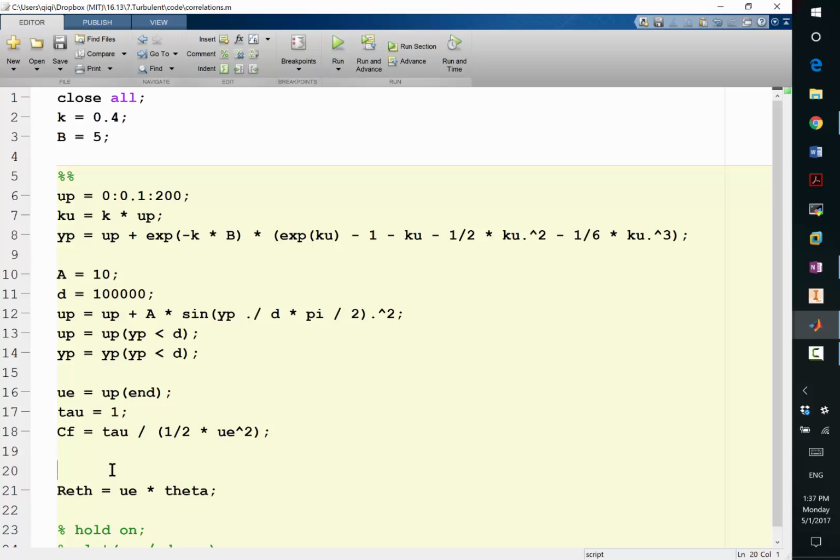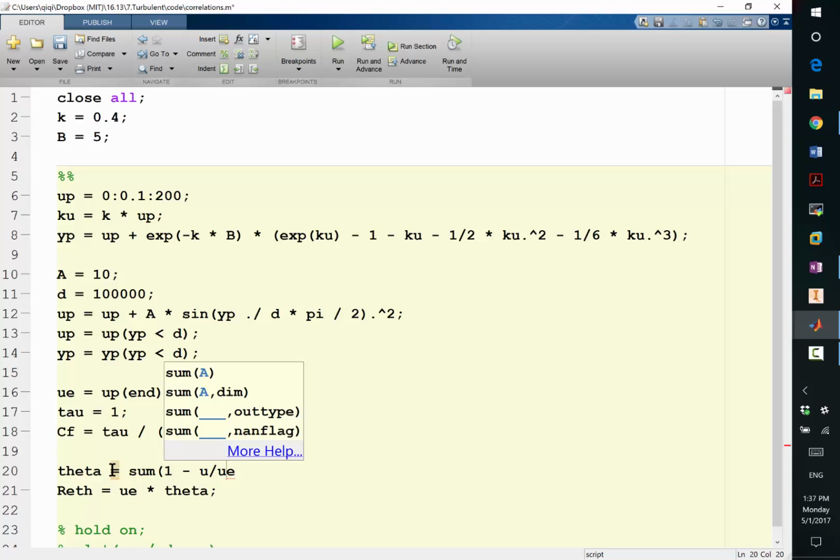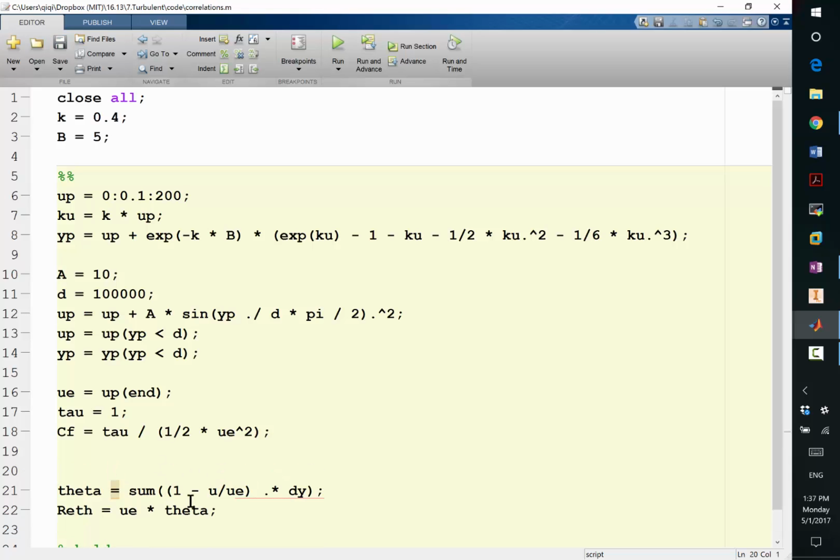How do we integrate theta? Theta is equal to an integral, which here is a sum of 1 minus, let's say, u divided by UE, right? Integrated with dy. So let's see what is dy, what is u.